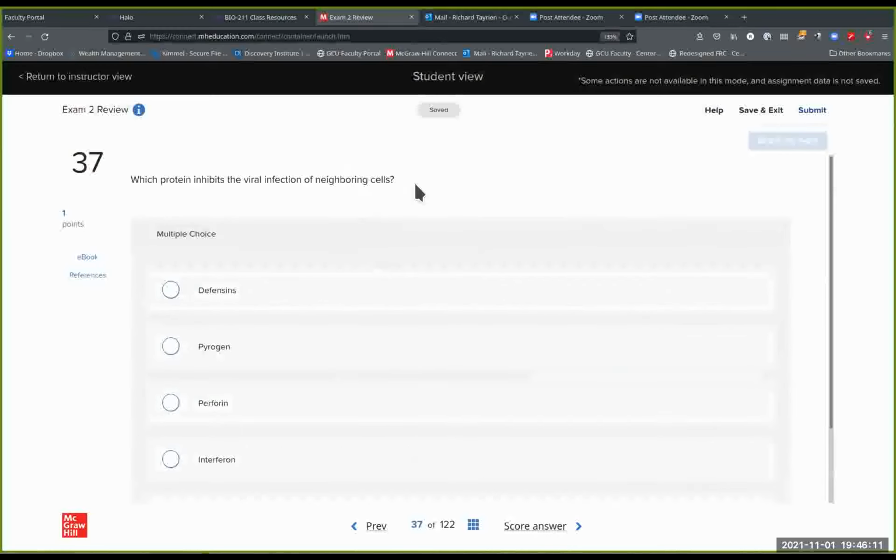Which protein inhibits the viral infection of neighboring cells? So you guys remember that, right? Interferon? Interferon, right? Good.